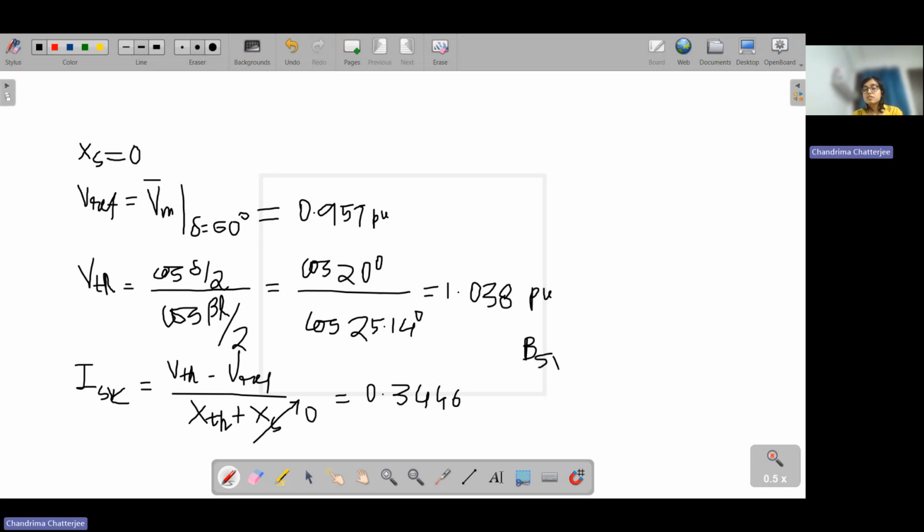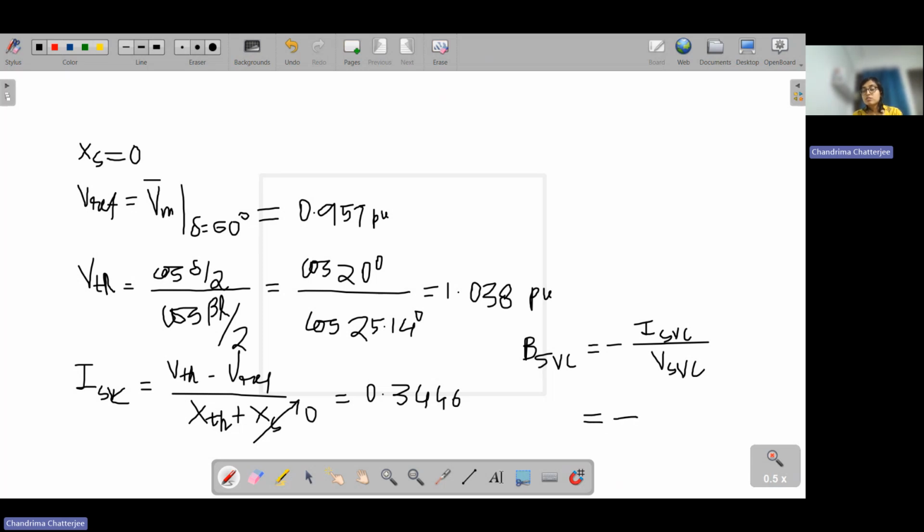VSVC is equal to Vref minus XS times ISVC. When XS is equal to 0, VSVC is equal to Vref.